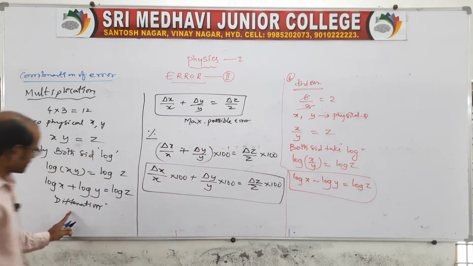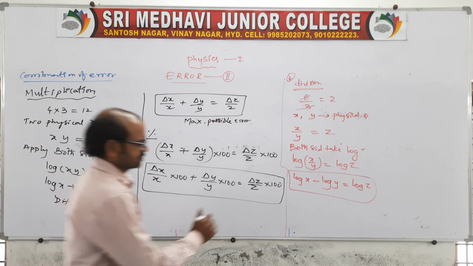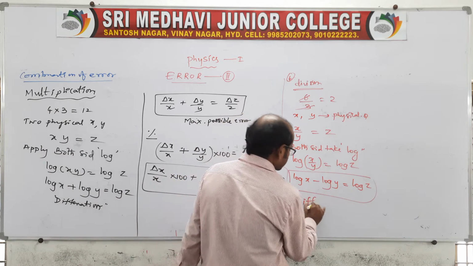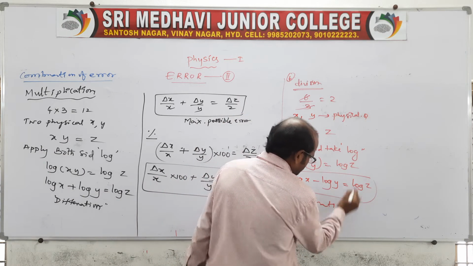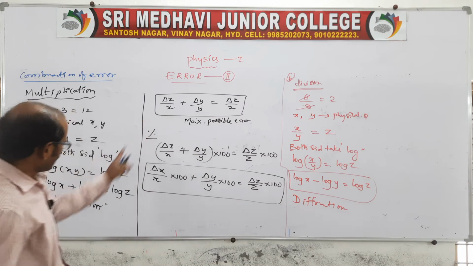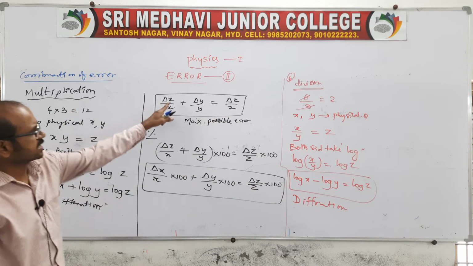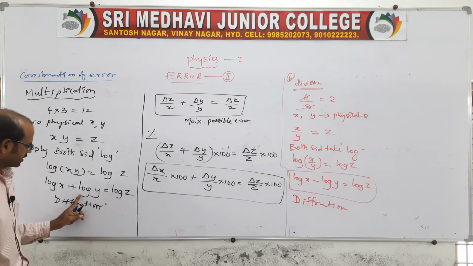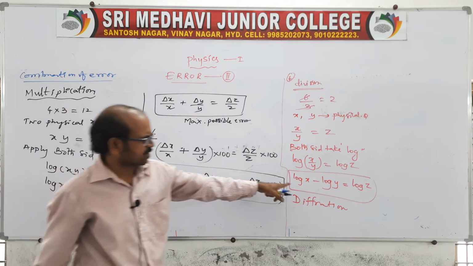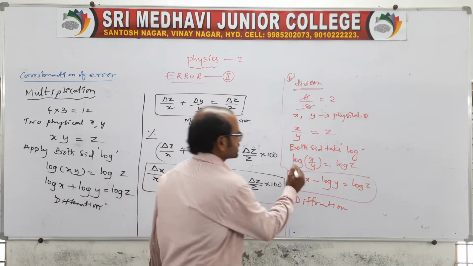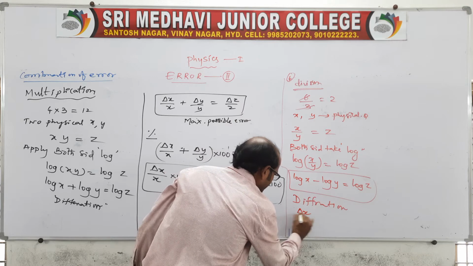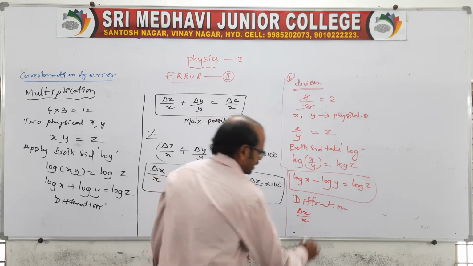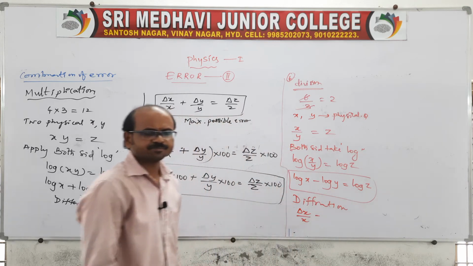Again you take the differentiation, same method, or we can also call it partial differentiation. So the differentiation of log x will give delta x by x, and log y, again we'll get delta y by y. We are taking the differentiation so that we may get delta x by x. Actually we should get a minus, right?